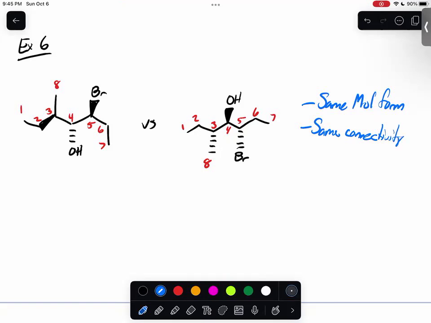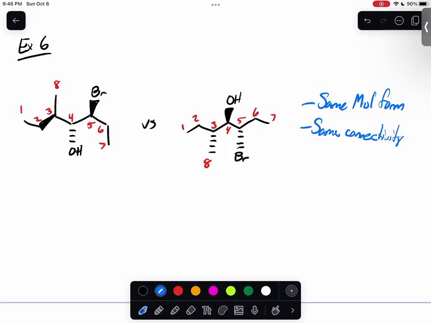All right. And this is where I highly recommend taking a moment to think about whether you want to do rotations in your mind or if you want to do R and S labeling, right? Because a large number of rotations can be very confusing, but you can use absolute stereochemistry to make it really, really simple for you. Take, for example, this molecule here on the left.